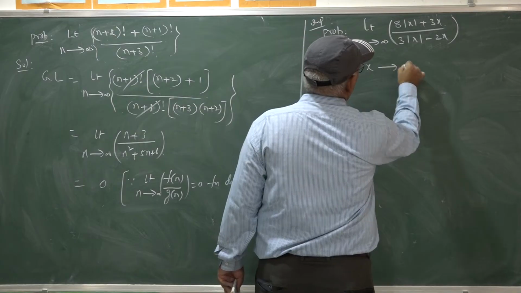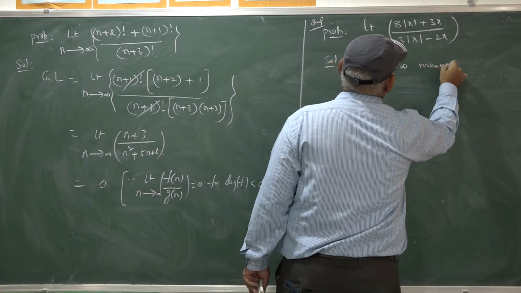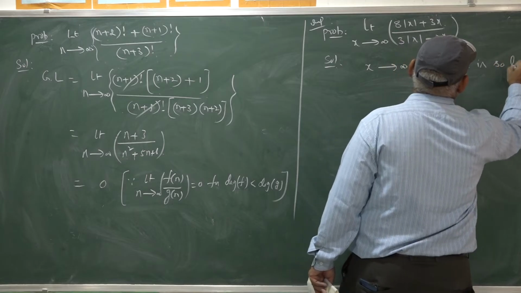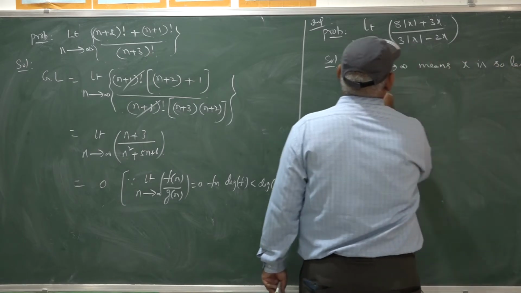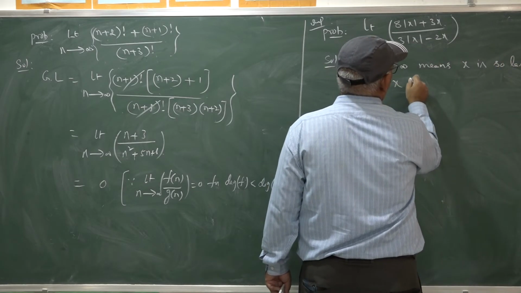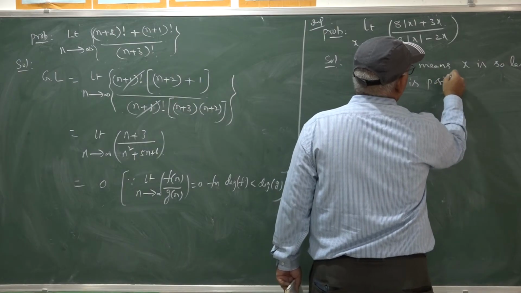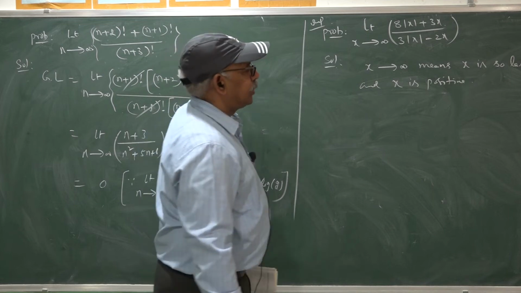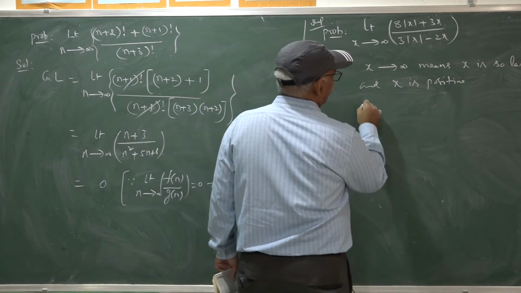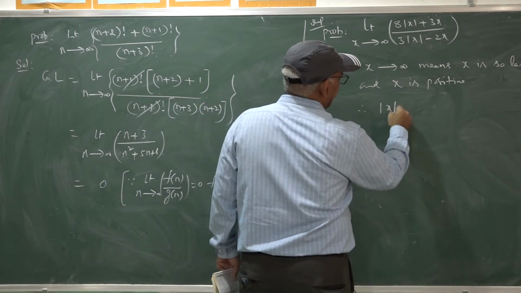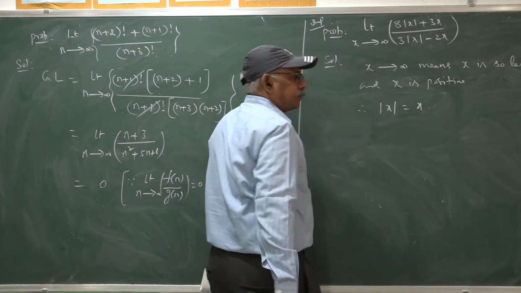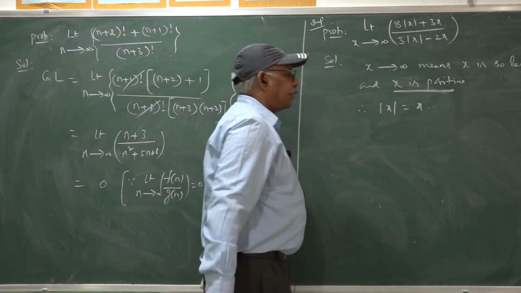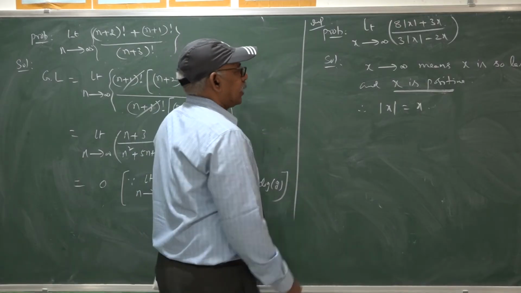Being positive and so large, |x| takes the value x itself. Once x is positive, |x| is equal to x itself.